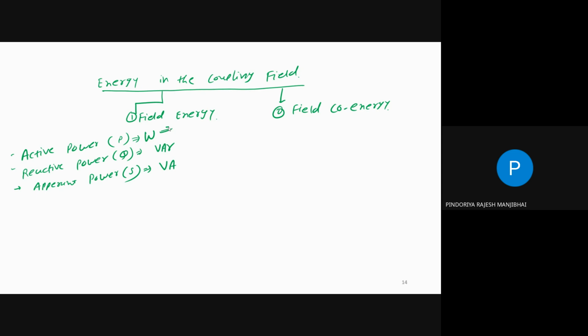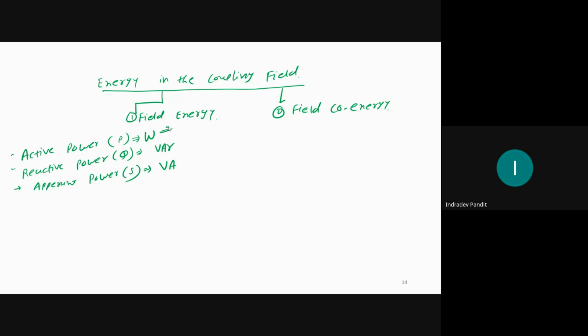So every time we are using the active power, reactive power and apparent power. Sometimes maybe we are not using the active power and reactive power. So every time we have to use active power, reactive power, and apparent power, correct? Not every time.